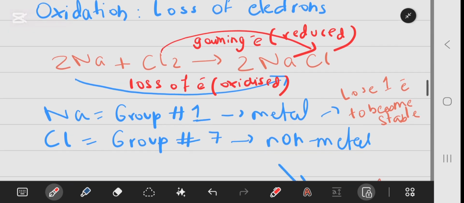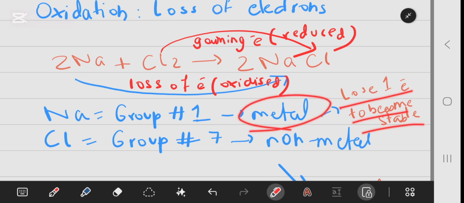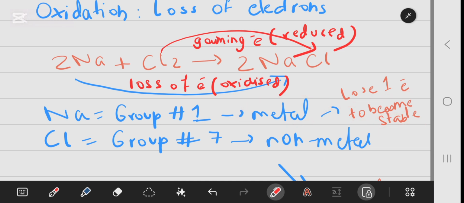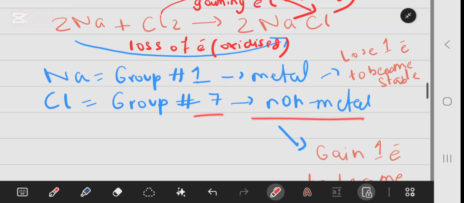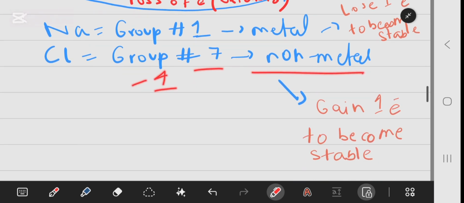I will repeat this one more time for more clarity. Because sodium belongs to group 1 of the periodic table, we know that sodium will lose one electron to become stable because it's a metal. On the other hand, chlorine belongs to group 7, it's a non-metal, and the charge on group 7 is -1, so it will have to gain one electron to become stable.